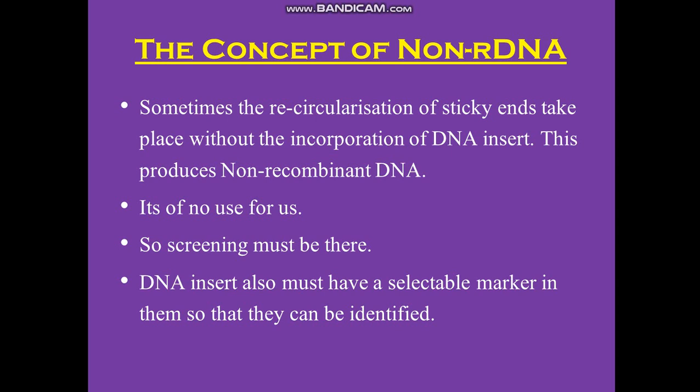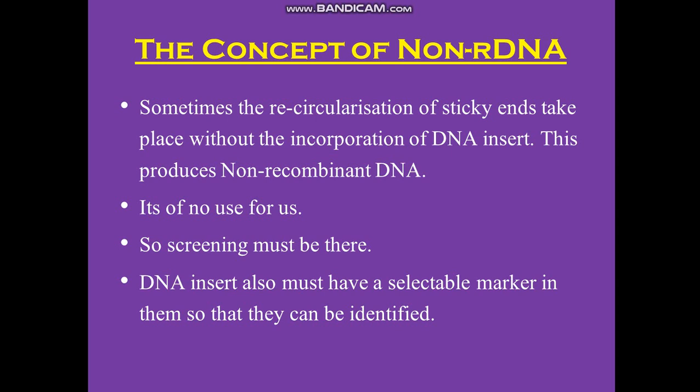So what should we do? We should have a screening method to segregate these two. And what can be a possible screening method? If we have the selectable marker in the vector DNA, that will be of no use because this selectable marker will be present in recombinant DNA and also in the non-recombinant DNA.